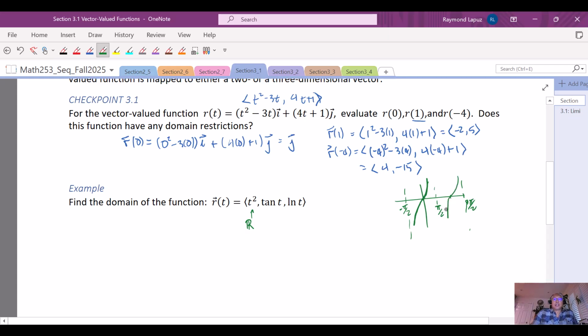And so this is going to be all real numbers, except, let's say, t equals pi over 2, and then plus or minus n pi, where n is going to be any integer. So the symbol for integer is just the Z symbol, or just say integer.